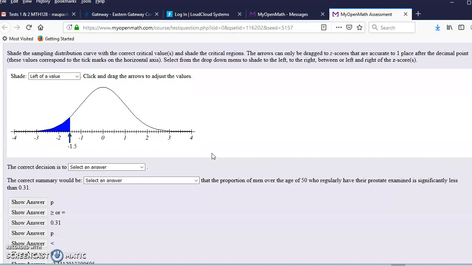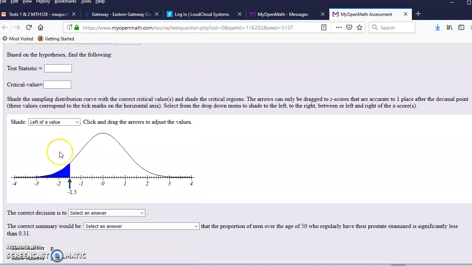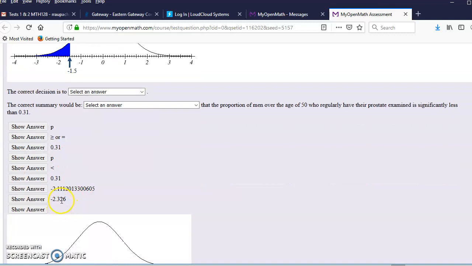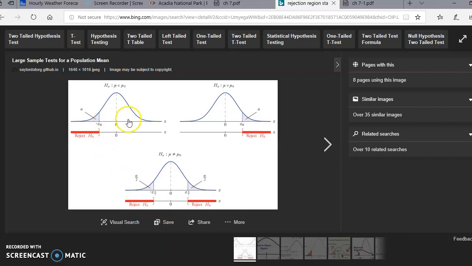The Z critical number is negative 2.3, so that's here, negative 2.3. That's the Z critical number. The actual test statistic is negative 2.1, so that's right here, okay? It's on this side of the Z critical number. And if I go back to this one, if it's on this side of the Z critical number, we fail to reject, all right? Okay, we fail to reject.